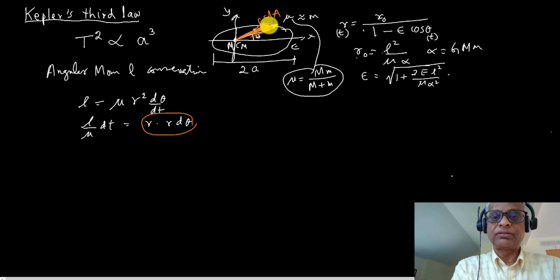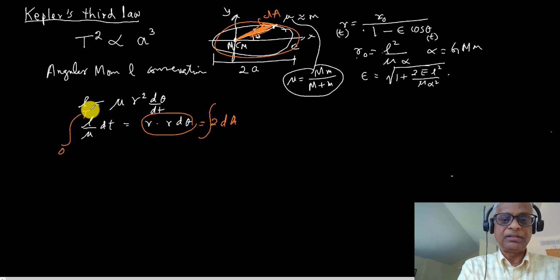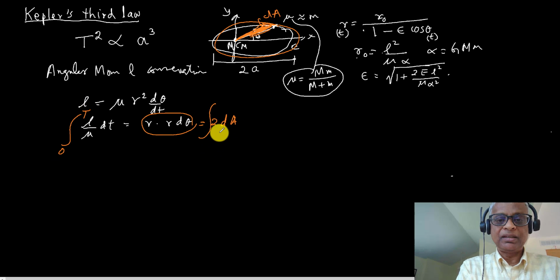This is like a triangle, so this is equal to 2 times the area of the triangle that swept out the area. And if you go all the way around once, you'll get the area of the ellipse. So if I integrate this all the way around once, from 0 to 1 period, this will be the area.